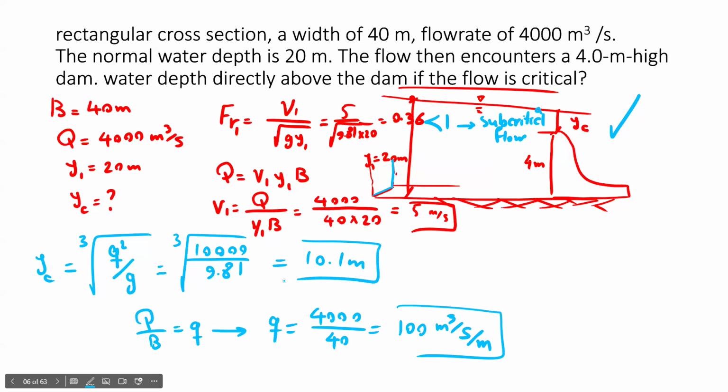I think probably if you write the two energy equations, or Bernoulli, for both 1 and 2, you will end up with the correct solution and you can use 4 meter there. But since I'm going to use the critical depth formula, I prefer this one. Pretty sure if you use this two-point equation for energy, you will get the correct answer.